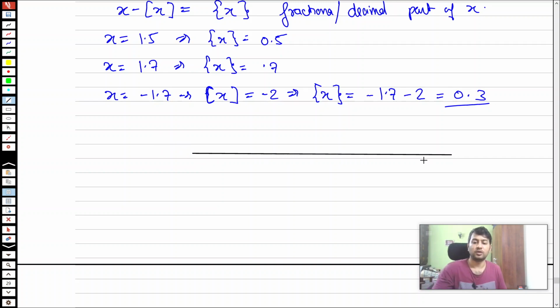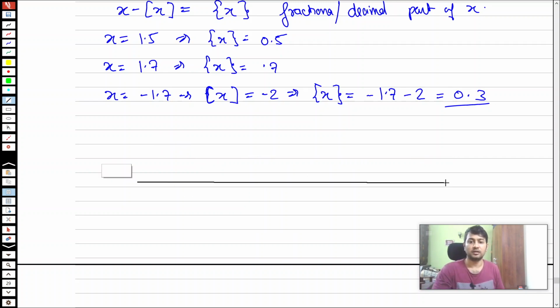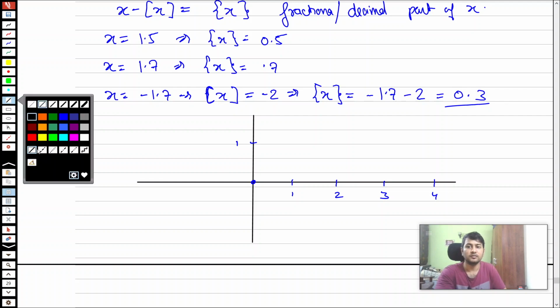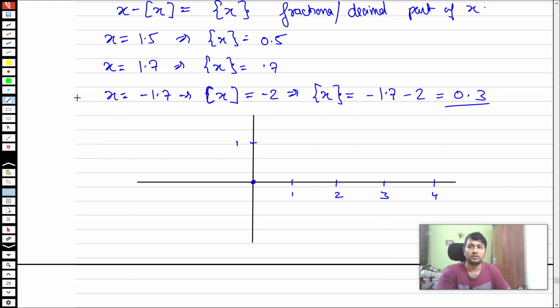The way to plot this function: let's say this is your x-axis. The decimal part of any integer is going to be 0. So if I start from 0, and this is 1, 2, 3, 4 and so on, my function is going to look like this.